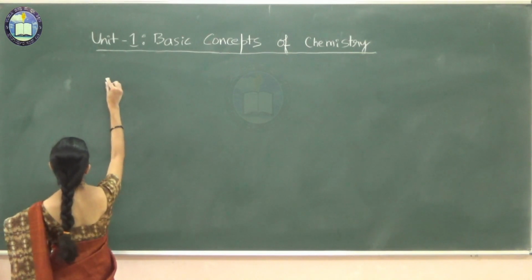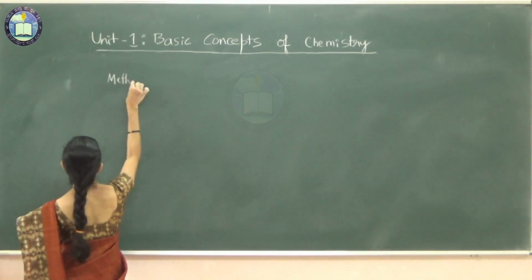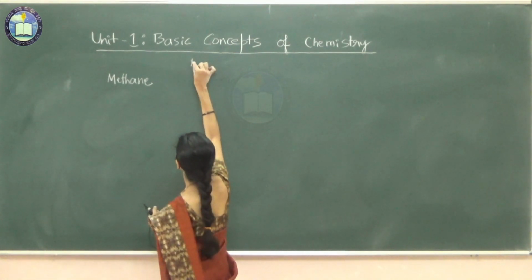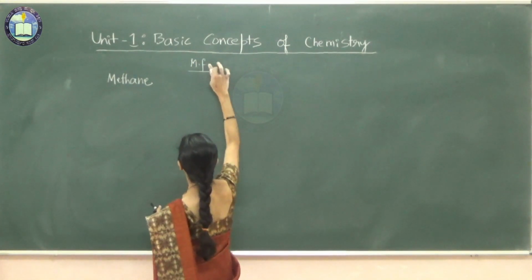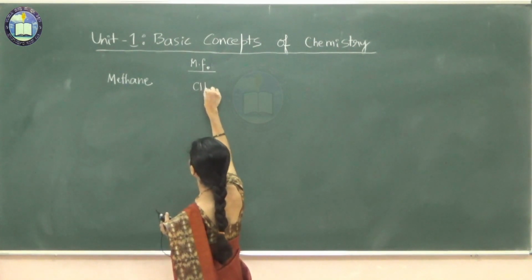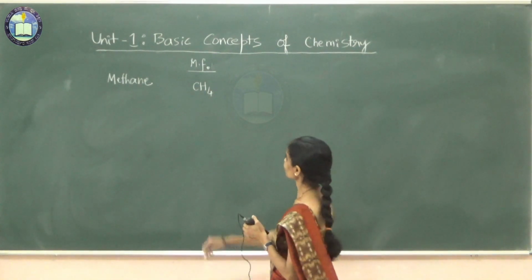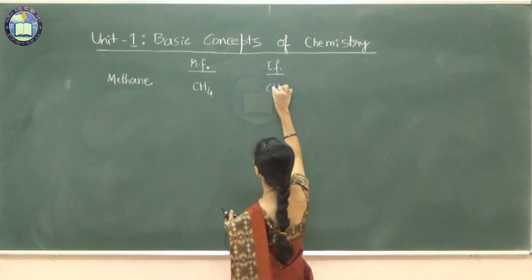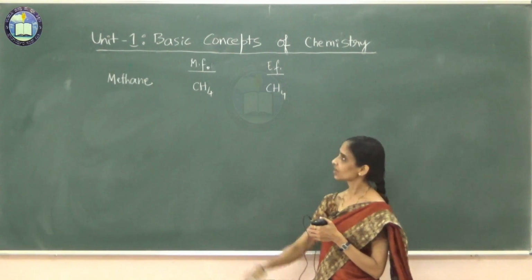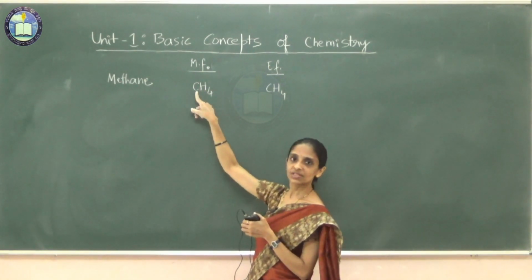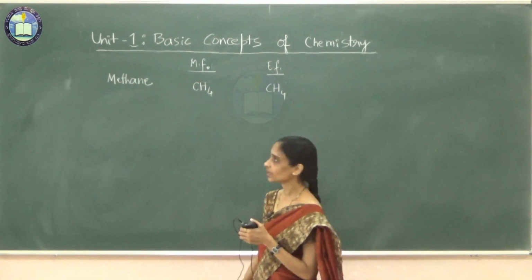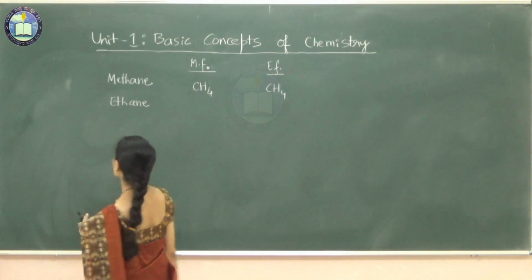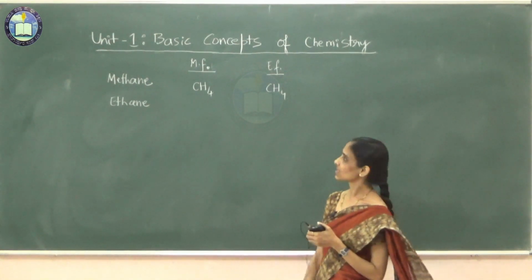I will start with the simplest alkane, that is methane. The molecular formula of methane is CH4. Its empirical formula is also the same because this itself is the simplest formula. I will go to the next alkane, that is ethane.